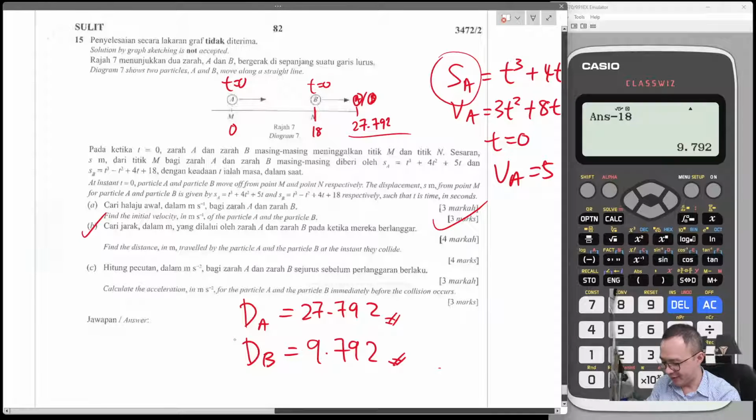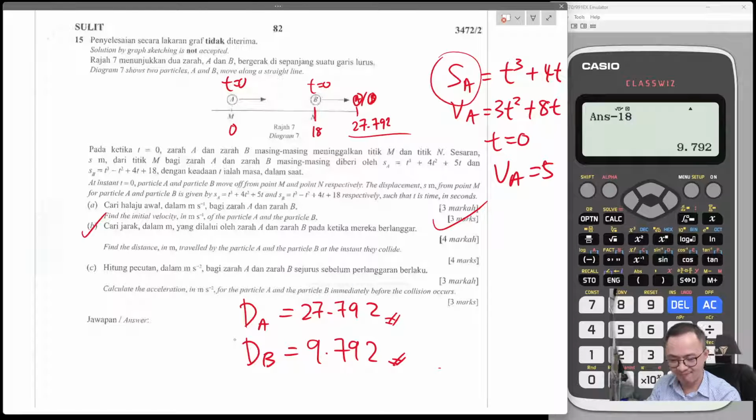You guys have the marking scheme, isn't it? Let me check the answer.